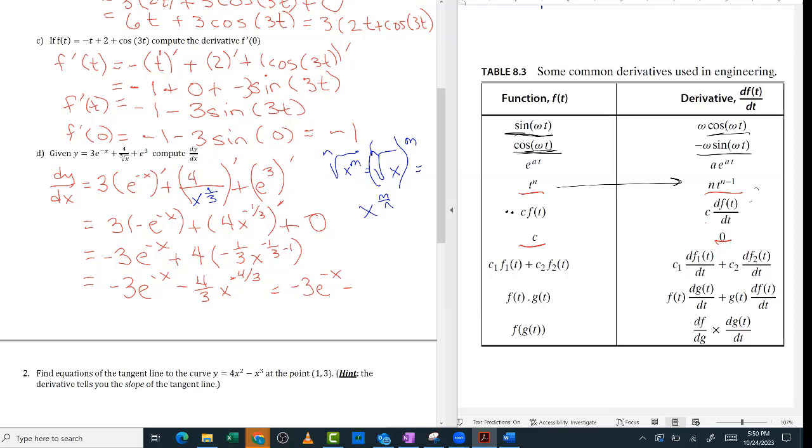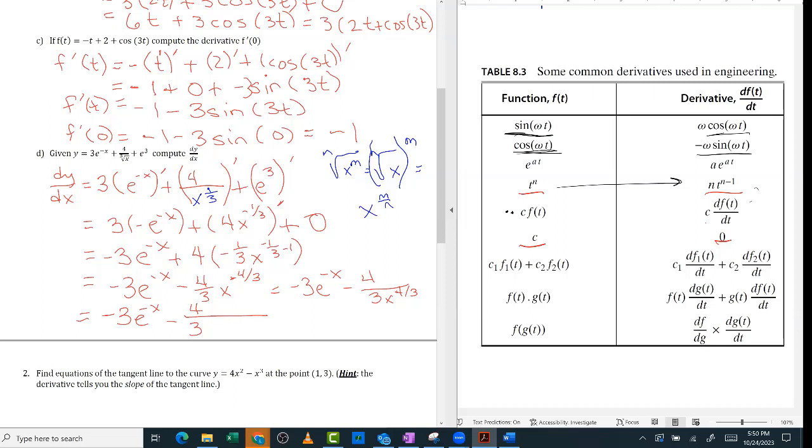First, I'm going to say this is minus 4/3 x to the 4/3, because that's really what a negative exponent does. So this becomes minus 3e to the minus x minus 4/3.